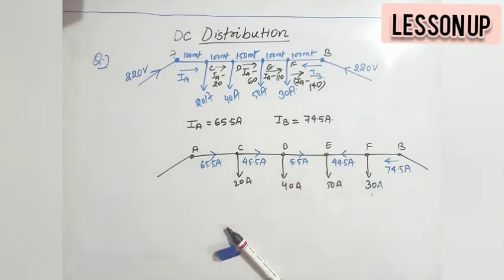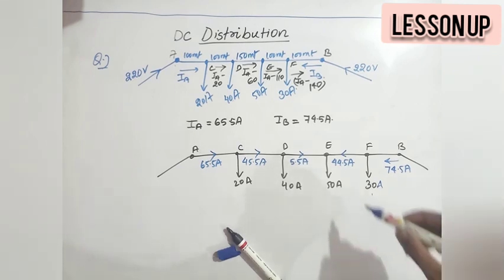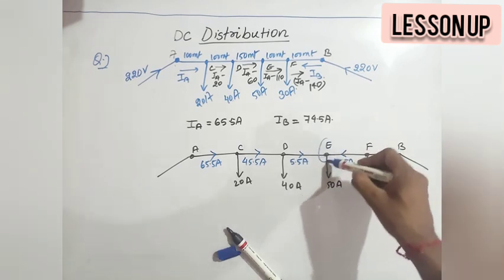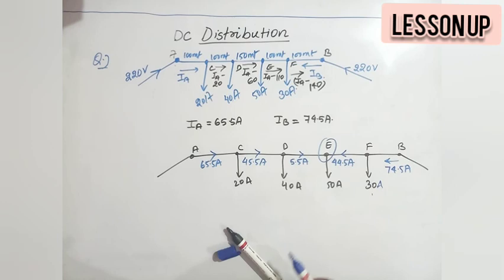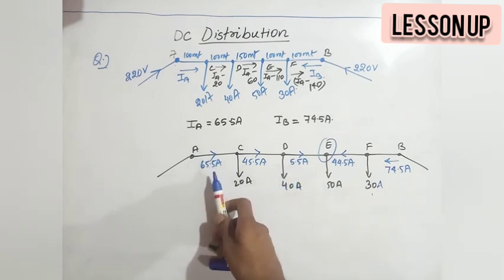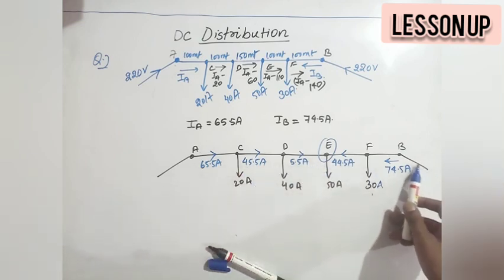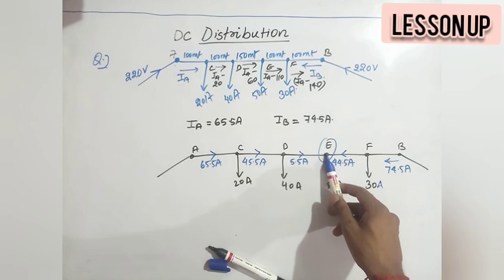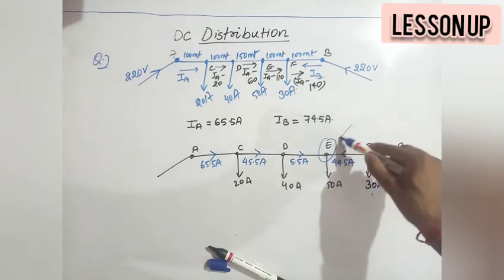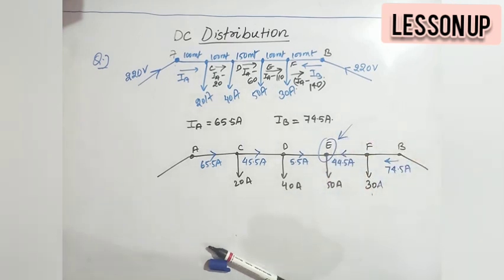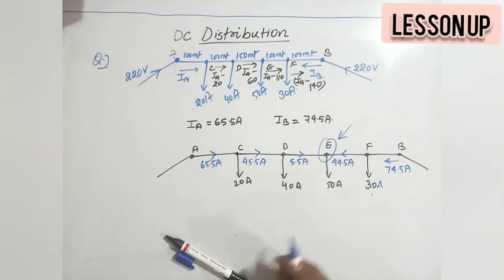So my circuit is balanced. Now we can see the minimum potential point is E. Just see the direction of current. From A side it came at this point, from B side it came at this point. They both meet at point E. This is the minimum potential point. So at E the current is fed from both sides.